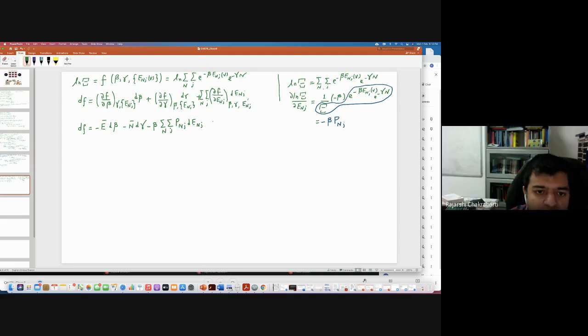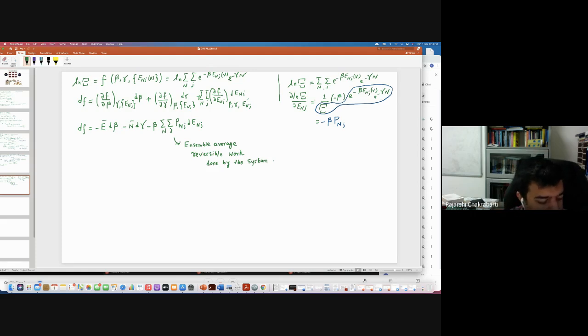So this is actually like the ensemble average reversible work done, isn't it? So the ensemble average reversible work done by the system. Okay?